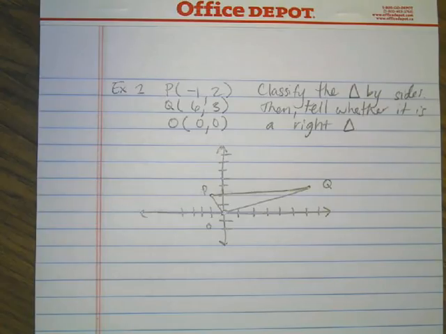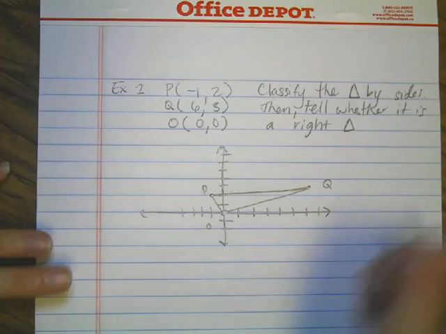And that is square root of 45, which is 3 root 5, because 45 can be broken down into 9 and 5, and the square root of 9 is 3.